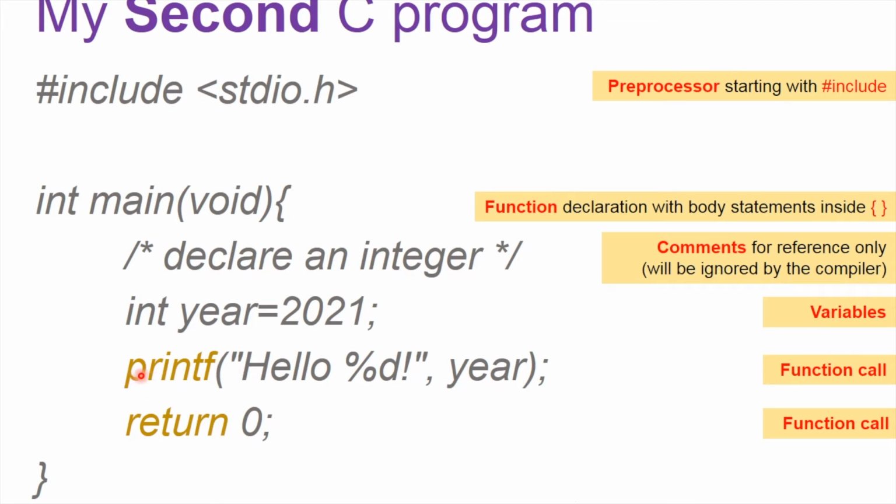The function being called is printf. It's the function which is declared in stdio.h, so we have to include stdio.h before we can use this printf. And the return is a very special function which tells your program that's the end. That's the end of this program.